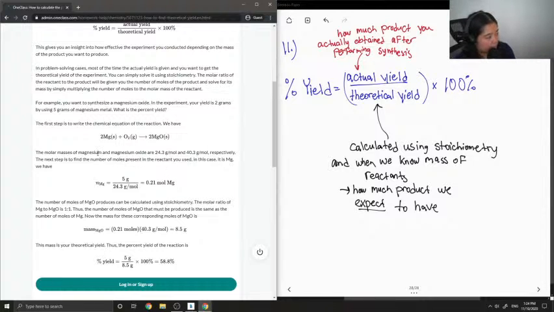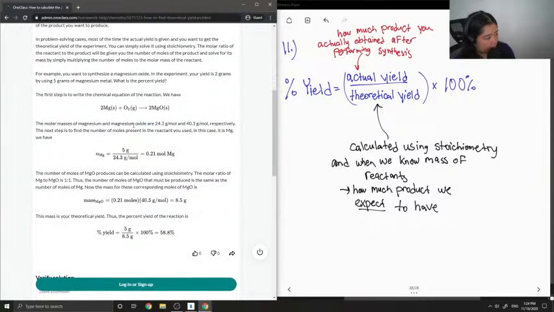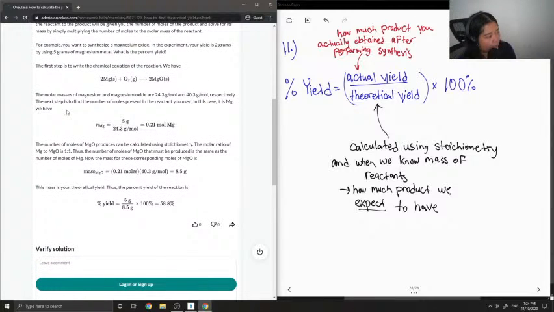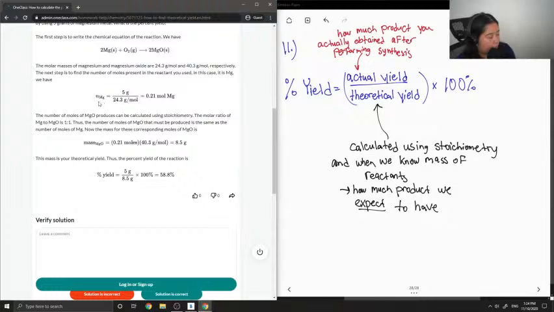The molar masses of magnesium and magnesium oxide are 24.3 grams per mole and 40.3 grams per mole, respectively. Next step is to find the number of moles present in the reaction you used. In this case, it is the magnesium. We have the number of moles is equal to 5 divided by 24.3 to get 0.21 moles of magnesium.